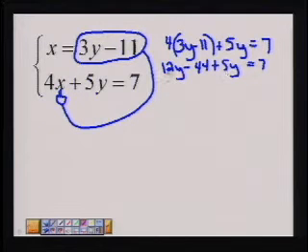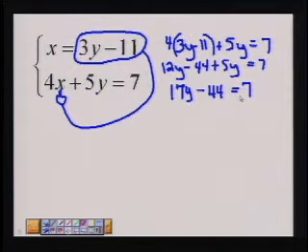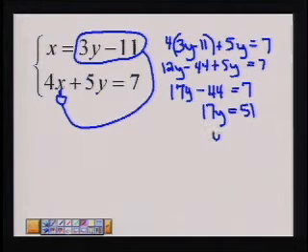Again, I combine my like terms, the y's, so I get 17y minus 44 equals 7. I can add 44 to both sides, so I get 17y equals 51, and if I divide both sides by 17, I get y equals 3.